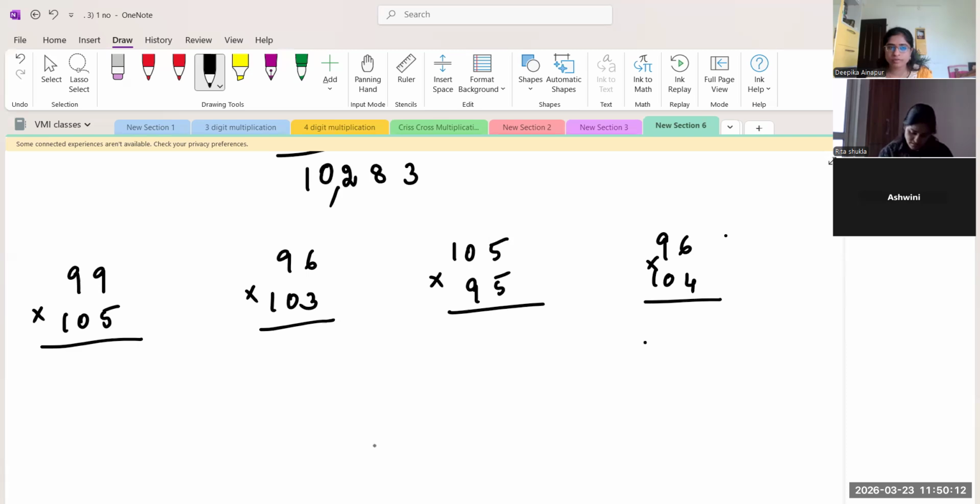Just try to do these problems and put your answer in the chat box, or you can also put it in the comment box, who are listening to the recording.